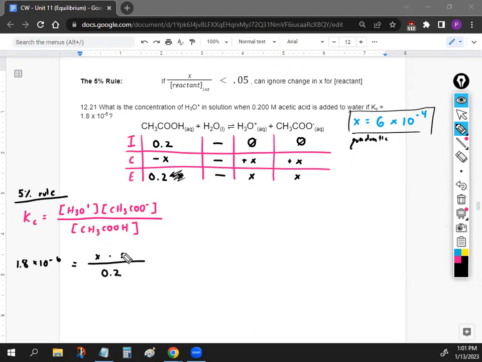All we have to do is multiply both sides by 0.2, and we get 3.6 times 10 to the negative 7 equals X squared. I want you guys to punch that into your calculator, solve for X, and you will get mad at me. So punch it into your calculator and see what you get.